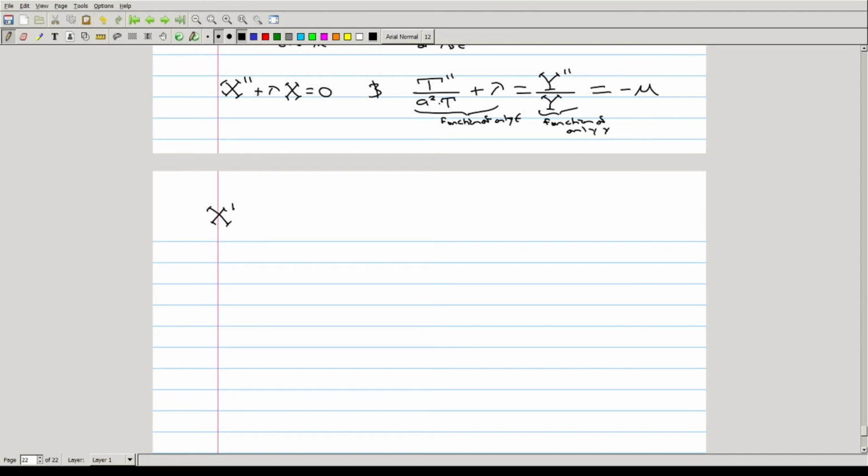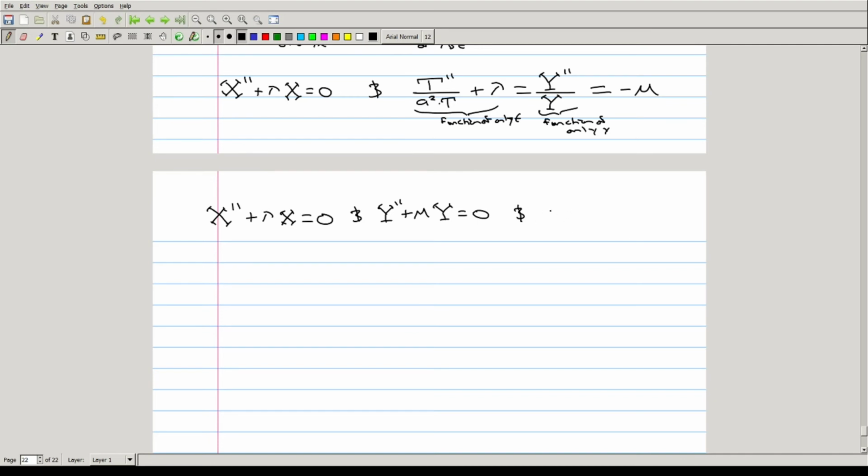Which gives three separate ordinary differential equations that have to be satisfied. X prime prime plus lambda times x equals 0. Y prime prime plus mu times y has to be equal to 0.